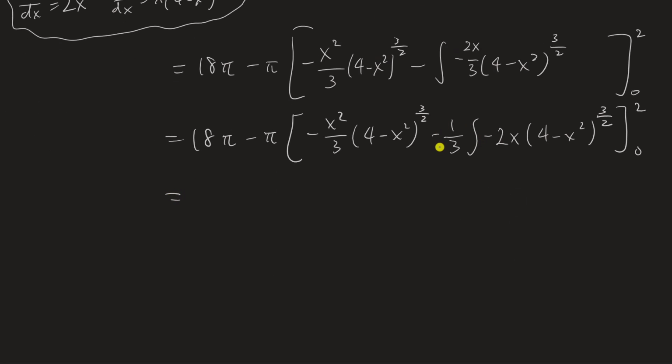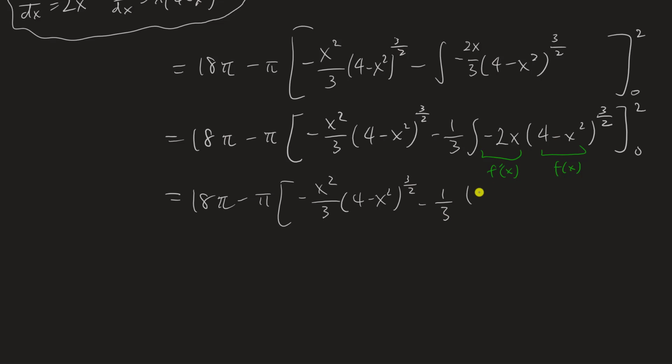Why I want to pull out negative 1/3 is because here you have the nice f prime x fx form. 18 pi minus pi, negative x squared over 3, (4 minus x squared) to the power 3 over 2, minus 1/3.